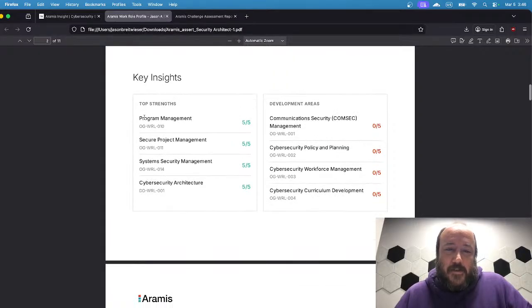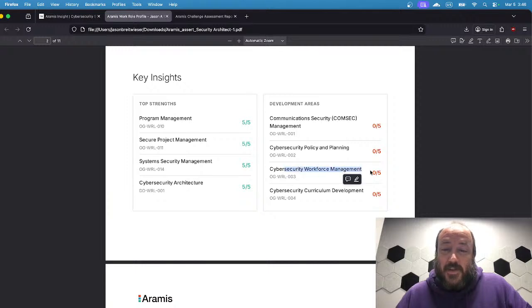Reviewing the top strengths and development areas, I felt that my ComSec was fairly weak, considering the broad range of tasks and duties that are associated with ComSec. And as well as policy and planning, I could definitely work on that.